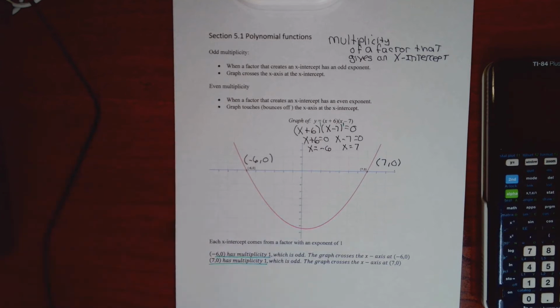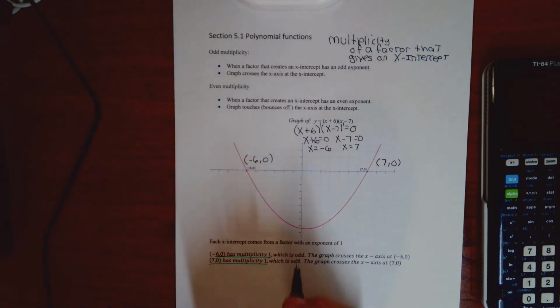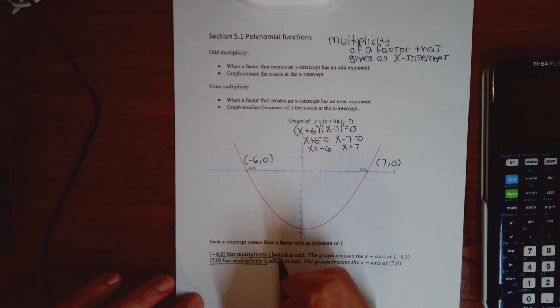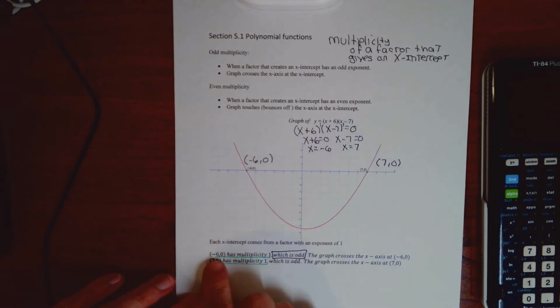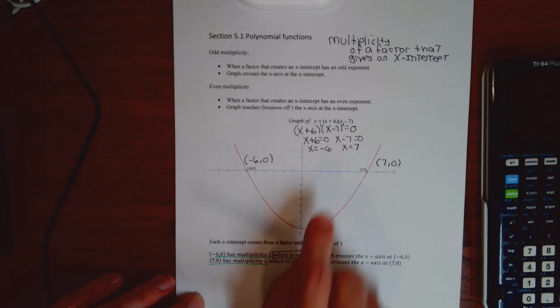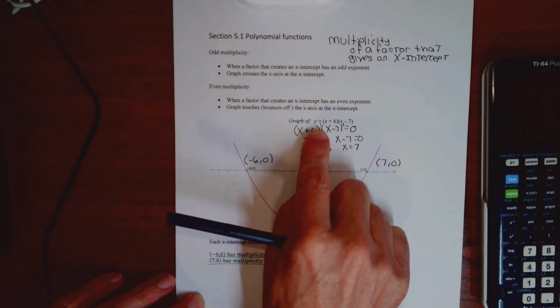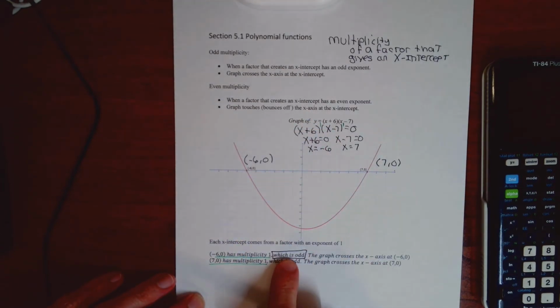When it comes to multiplicity, it's not so much the number the exponent is, but whether it's even or odd that's a big deal. Negative 6, 0 has a multiplicity of 1, which means the exponent that created it was odd.